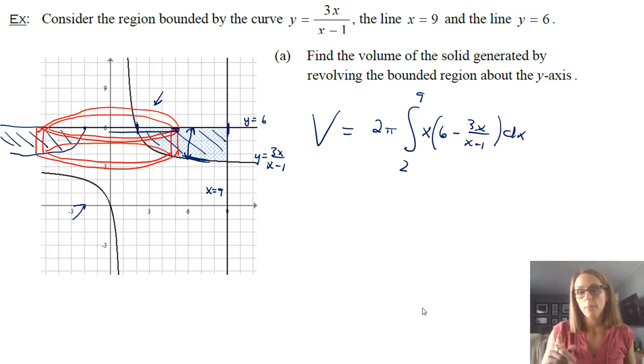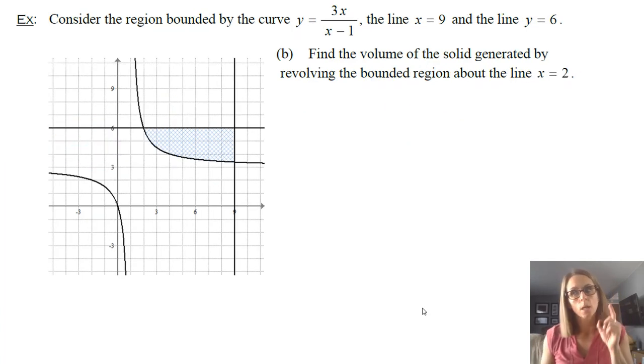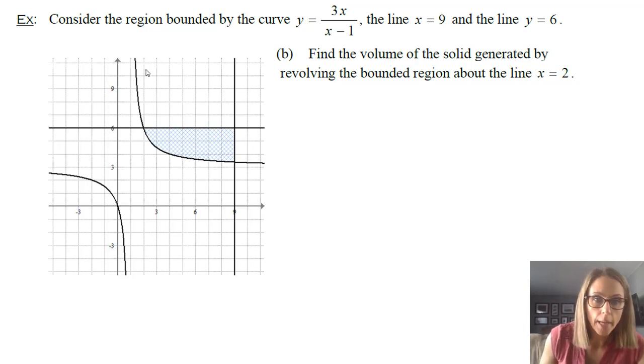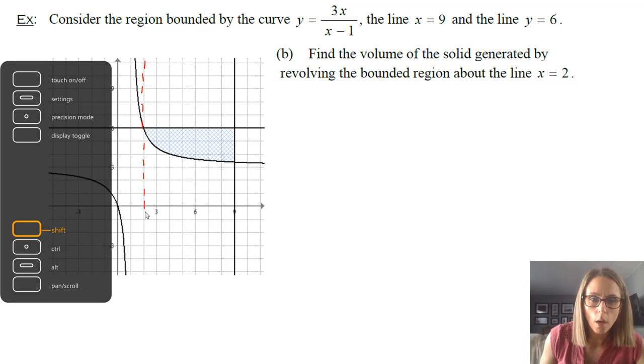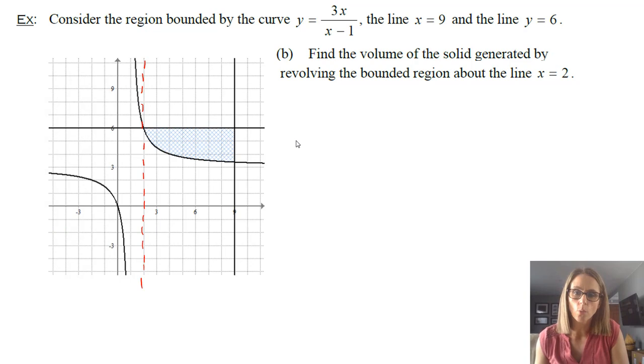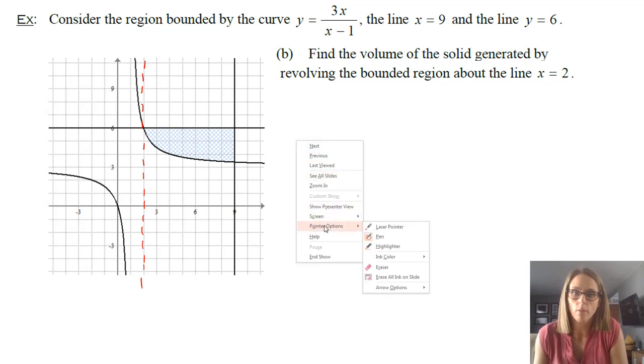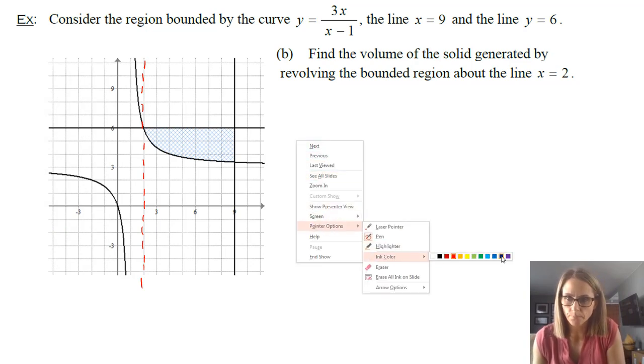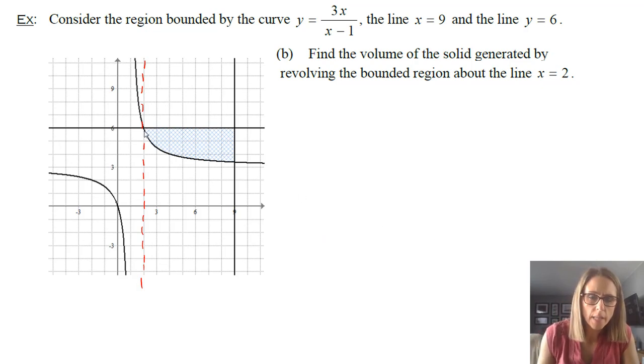So now let's see what happens when we rotate this around a different line. This is the same exact thing, but we're going to rotate it around the line x equals 2. You can see this line right here. A couple things to notice is we still have the same thing that's being rotated.